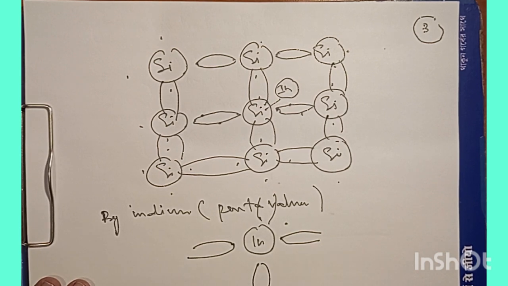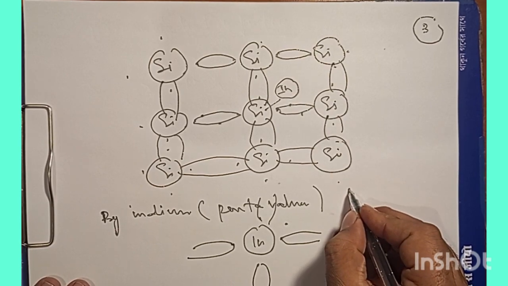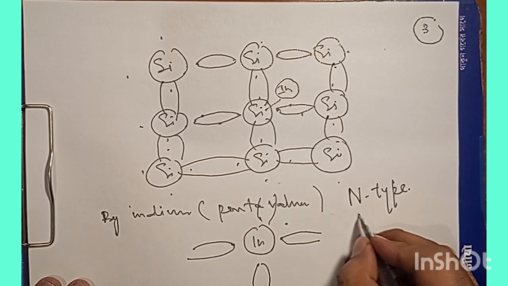So this type of semiconductor, which has been doped by pentavalent impurities, is called an n-type semiconductor. What is an n-type semiconductor?